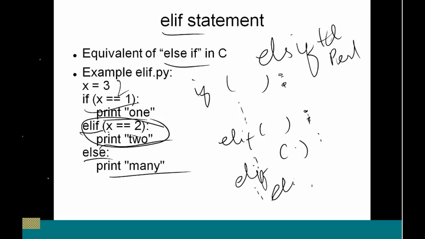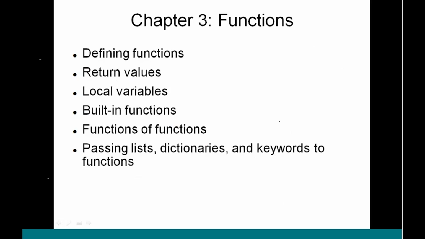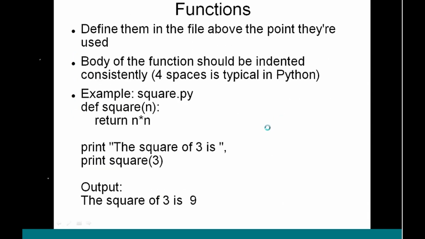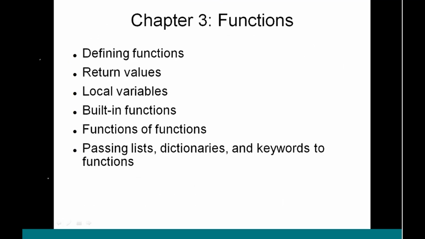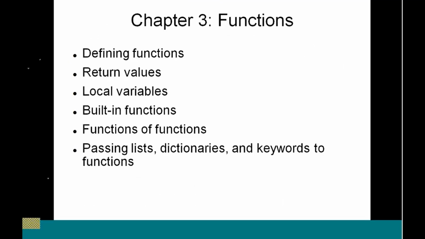Now Python also supports loops, which we will talk about in the next section. The while loop and for loop are supported, so we will talk about that. Now let's look at functions. In functions we will talk about how we define a function.